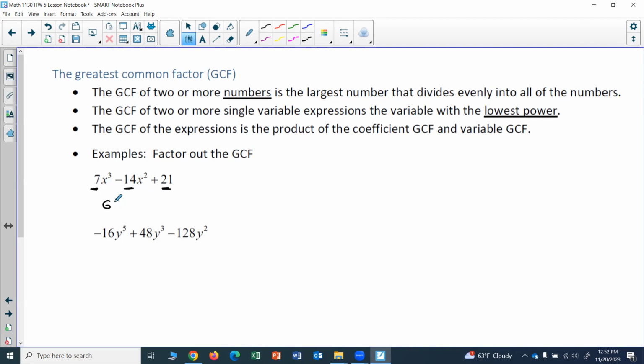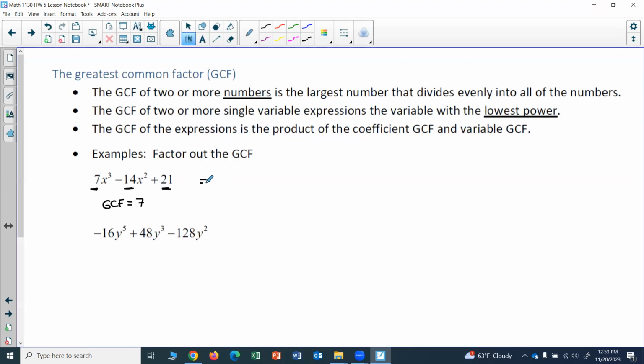So my GCF in this case is going to be 7, and then I look at the variable part. I have x cubed, x squared, and then on this last term, I don't have an x. So x would not be part of the greatest common factor.